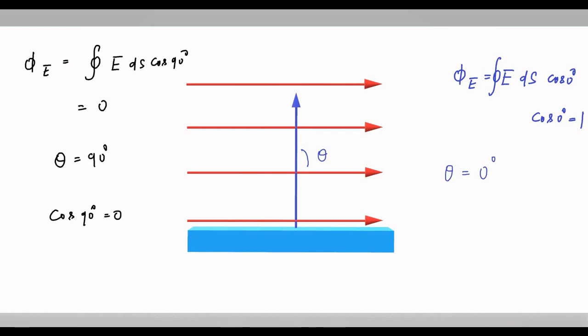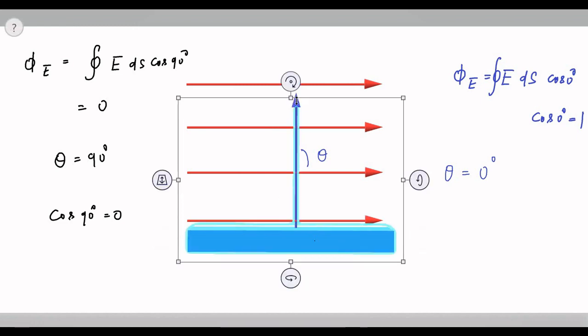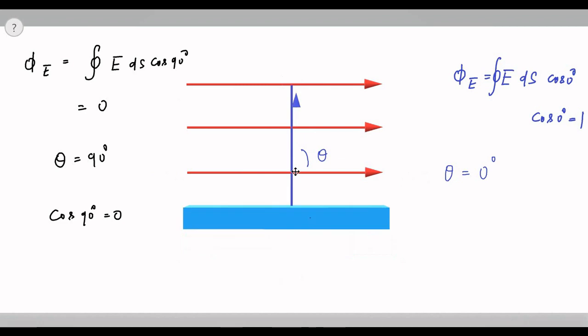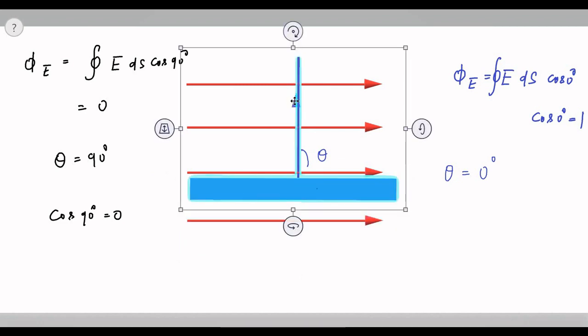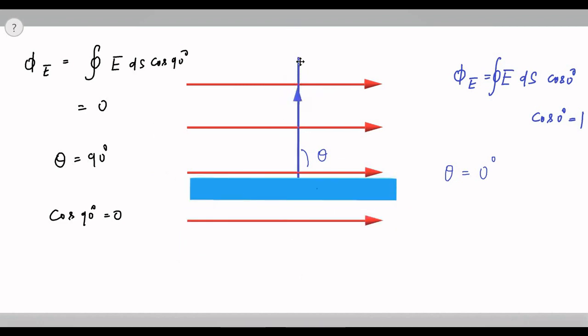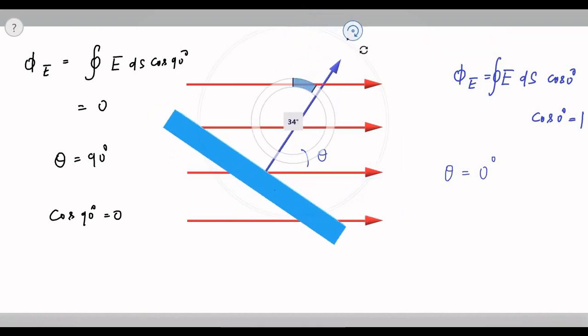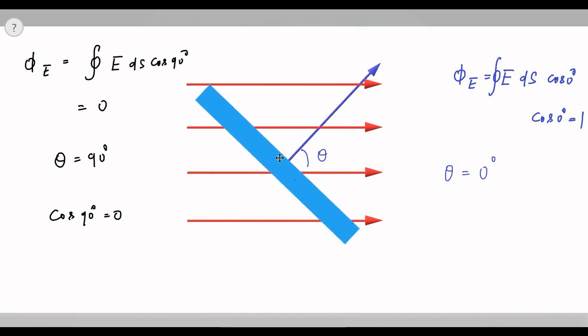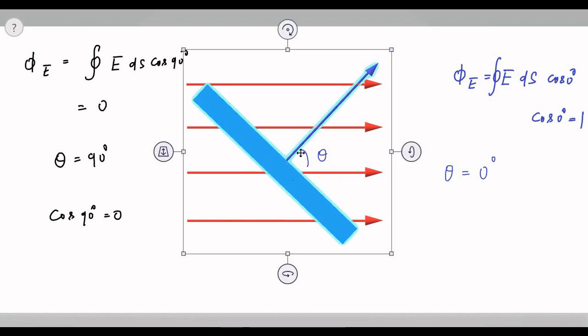Let me again try to make you understand how it happened. I'm taking it here again and rotating it. So this is a particular angle, and at this some electric field lines are passing.